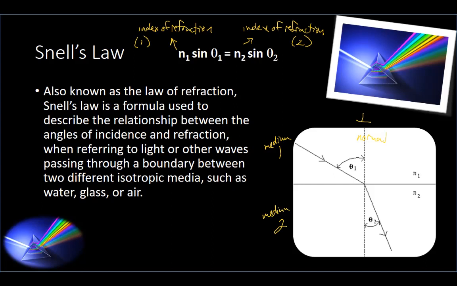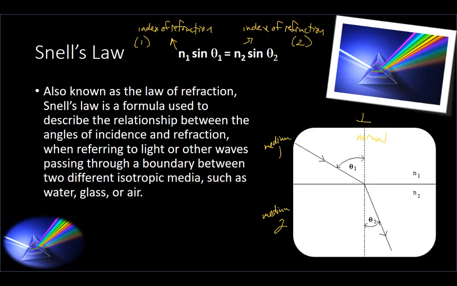Snell's law is the formula we use to describe the relationship between the angle of incidence, theta 1, and the angle of refraction, theta 2, when light or other EM waves pass through a boundary between two different isotropic media, such as water to glass, or glass to air.